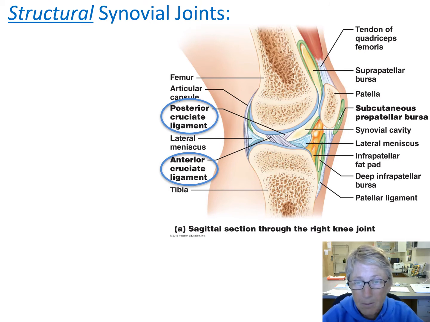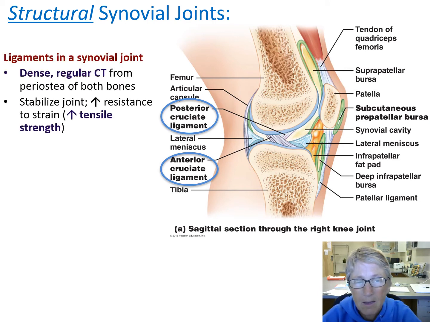This would be a parasagittal section through your knee joint. It says sagittal here, but because it's not right in the middle, I call it a parasagittal section. In this cartoon, we're going to focus on the posterior and anterior cruciate ligaments. Remember, ligaments take bone to bone.